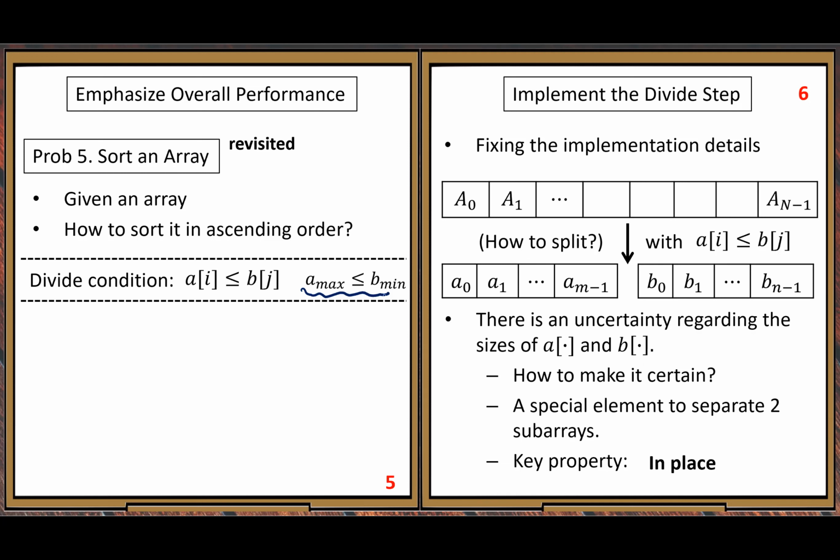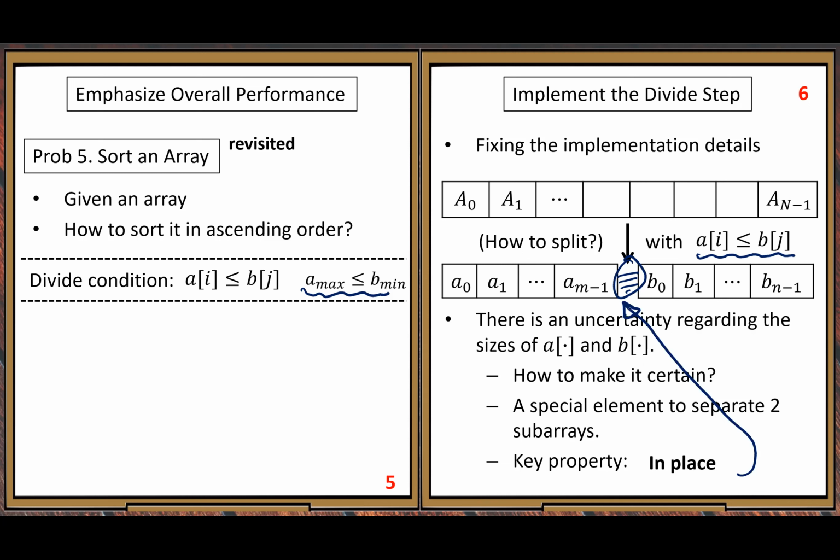So now you think in this way. If we have A of I less than or equal to B of J, then some special property in the middle helps us separate these two subarrays, that means this special element must be in place, right? Think about that.